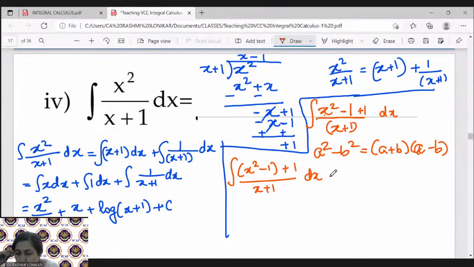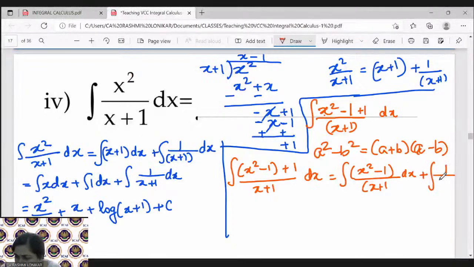Now I write this as integral of x square minus 1 upon x plus 1 dx plus integral of 1 upon x plus 1 dx.